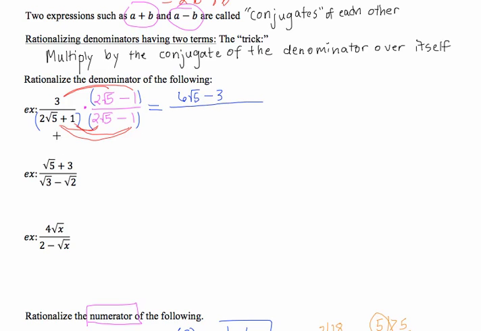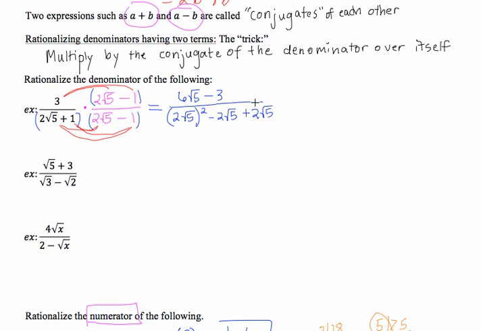Divided by, in the denominator, the first two terms are 2 radical 5 times 2 radical 5. So 2 radical 5 all squared because we're multiplying by itself. The outside terms are 2 radical 5 times negative 1, so minus 2 radical 5. The inside terms are positive 1 times 2 radical 5.